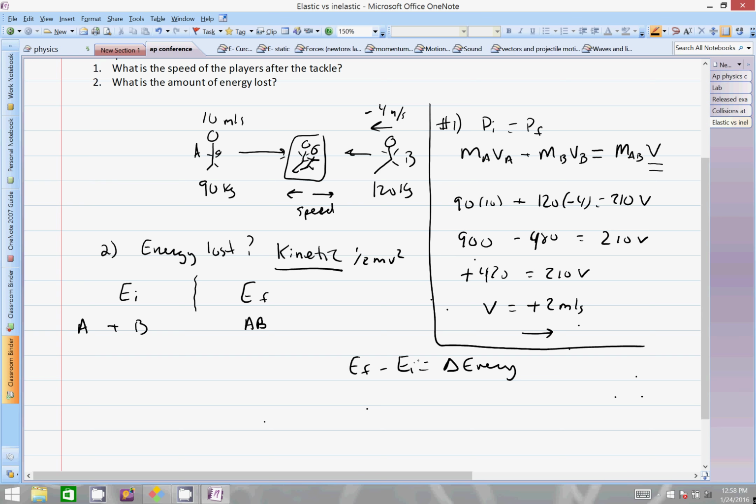So energy A is going to be 1/2 mass velocity squared, 1/2 of 90, and the velocity is going to be 10 squared, plus B is 1/2 of 120 and 4 squared. My energy does not have a direction, so I'm not going to put negative on that. It's just energy.